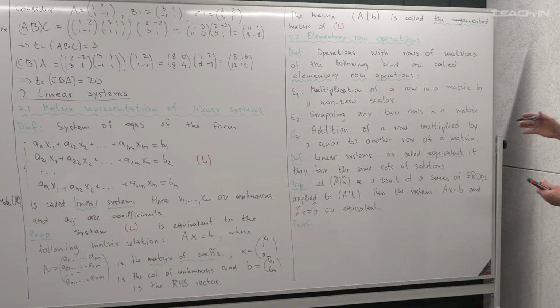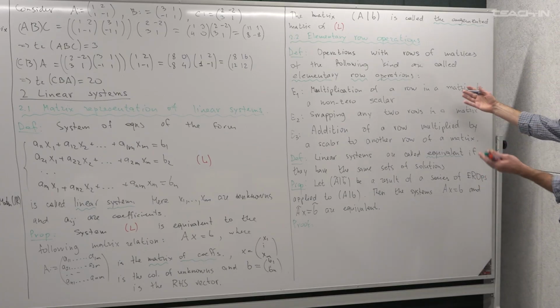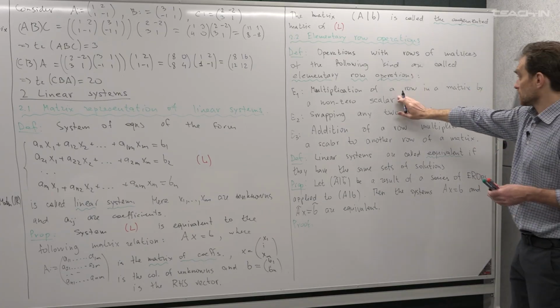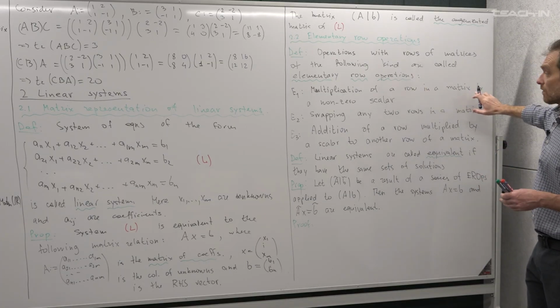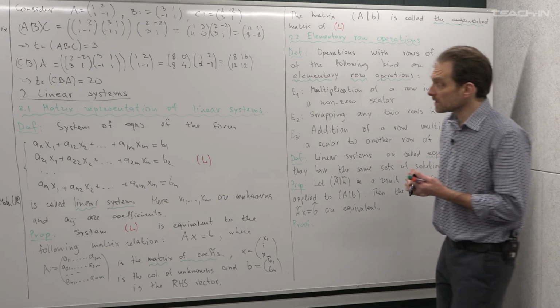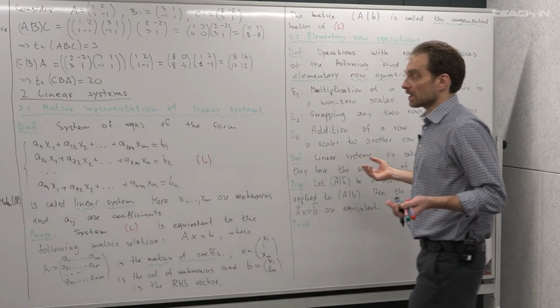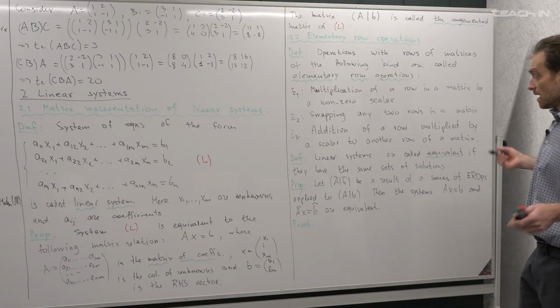We just take some row of our augmented matrix and multiply it by a scalar. So this means that we take some equation and multiply this equation by a constant. So this does not change the equation.